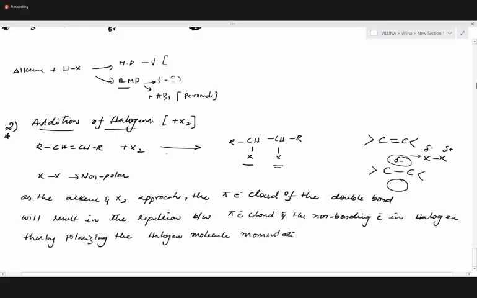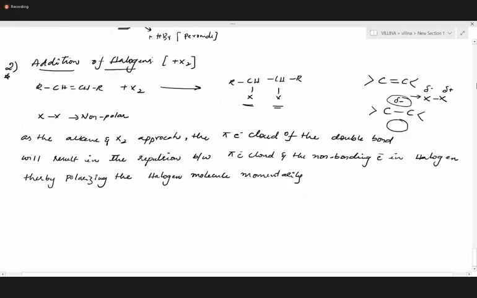So near this pi electron cloud, if the halogens come near, there will be electronic repulsions leading to polarization of the halogen. This part is important. The one near the pi electron cloud will end up having, sorry, delta positive.